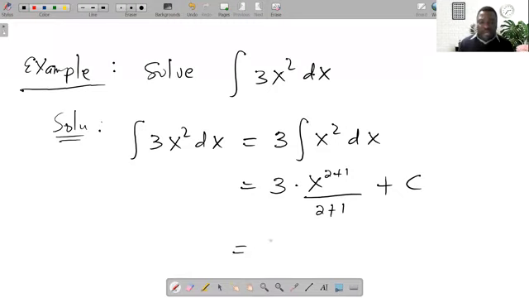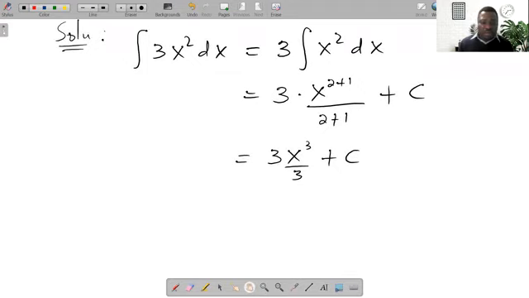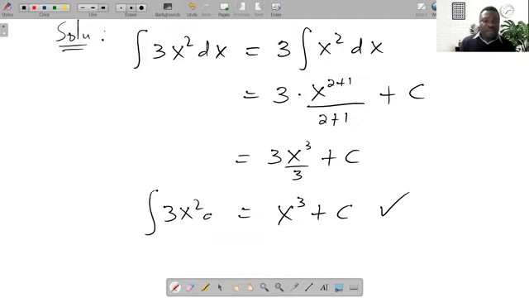And when you do that, you're going to have 3 x to the third over 3 plus your c, and then you can simplify. Once you simplify, the 3's cross out, so x cubed plus c will give you your answer. So basically, the integral of 3x squared dx will give you that.